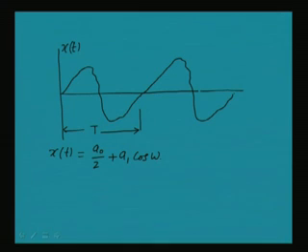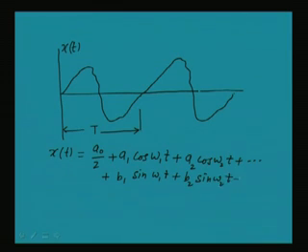a1 cos omega 1 t plus a2 cos omega 2 t. Like that we can have an infinite number of terms, where a0, a1, a2 are constants, plus b1 sin omega 1 t plus b2 sin omega 2 t, plus we can have an infinite number of such terms.